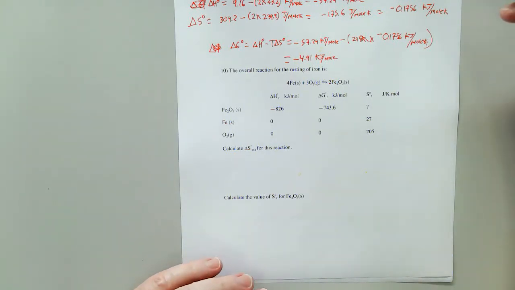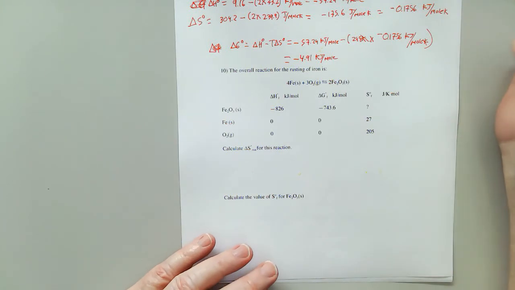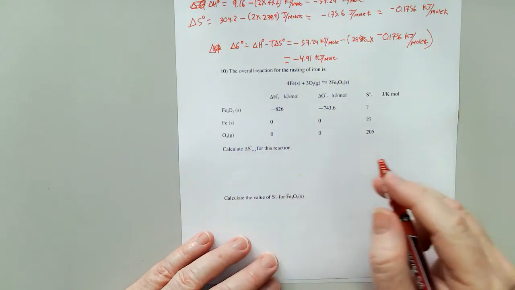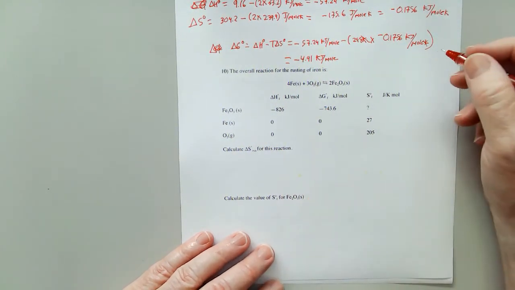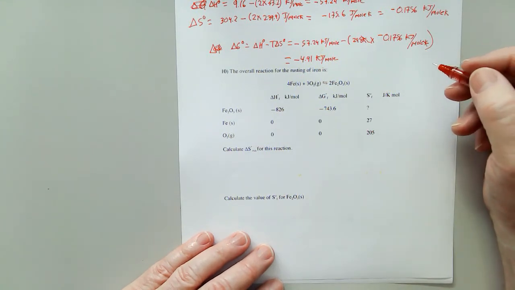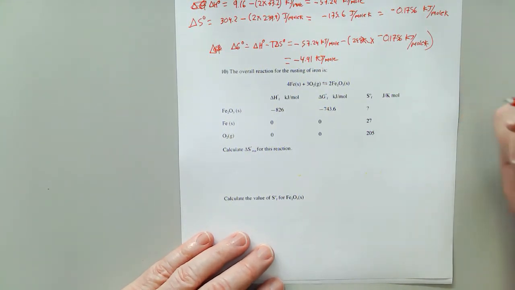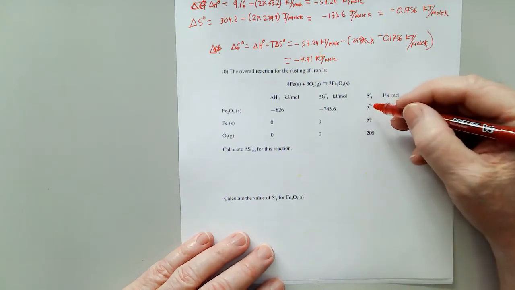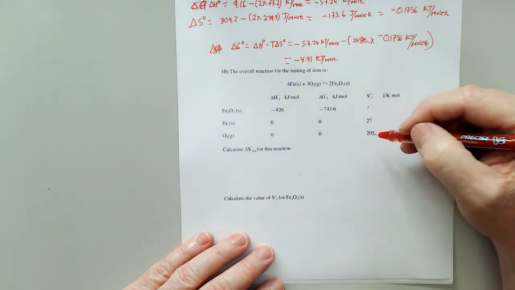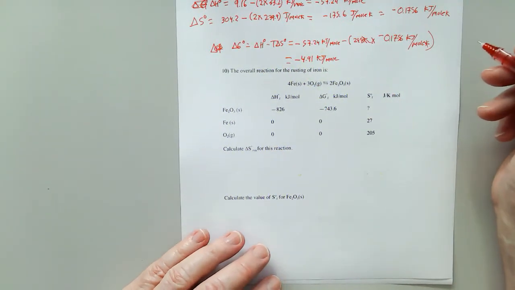Last question then here deals with the rusting of iron, which is something we know to be very spontaneous. We want to calculate delta S naught for this reaction. Now, interesting. I don't have all the values of the absolute entropies, so I just can't do a products minus reactants.